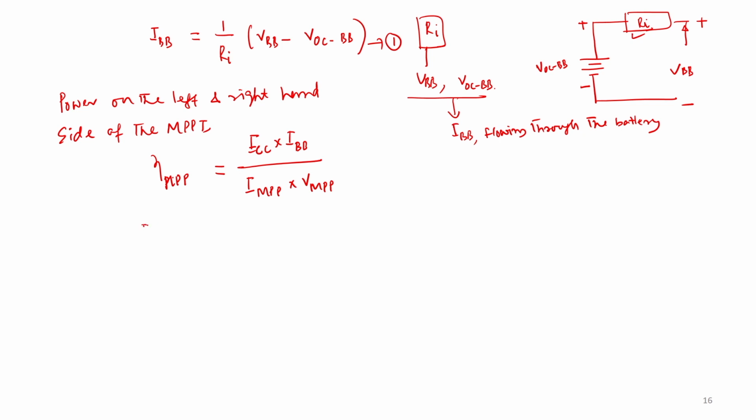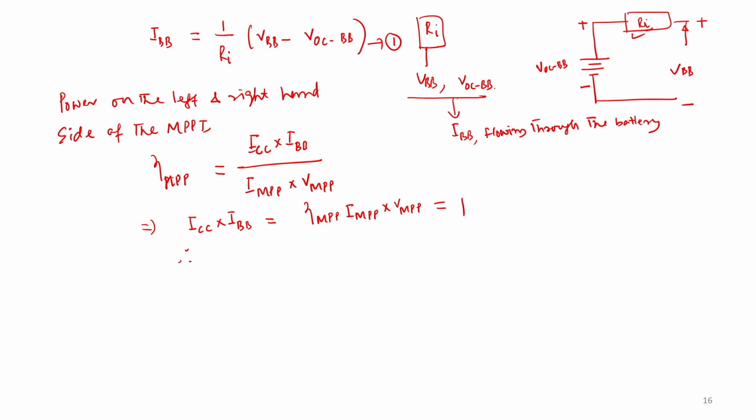Okay. So, again you can simplify this expression: ICC times IBB is equal to eta MPP times IMPP and VMPP. Okay.